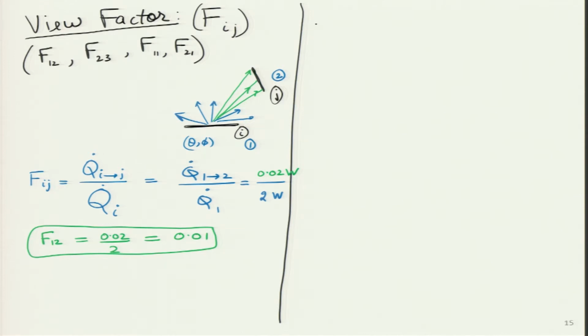Let me formally define it over here. F_ij can be written in this way as well. I use the arrow from i to j, or I can write it in short form like this. In both cases, it is defined as follows.